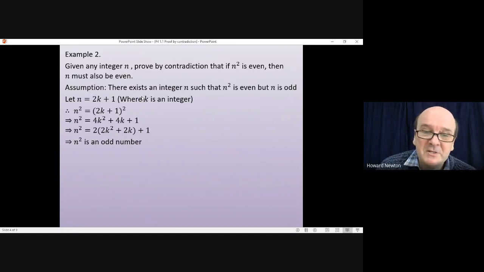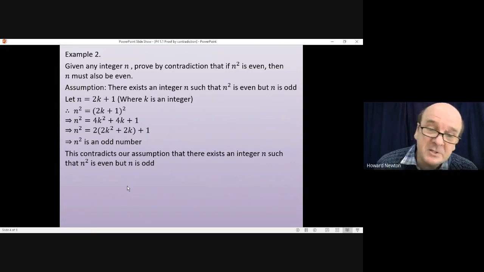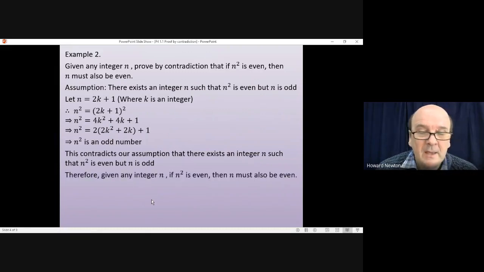But we've shown that if n is odd, n squared is odd as well. So this contradicts our assumption that there exists an integer n such that n squared is even, but n is odd. And then finally, you just restate what you've been asked to prove. Therefore, given any integer n, if n squared is even, then n must also be even.